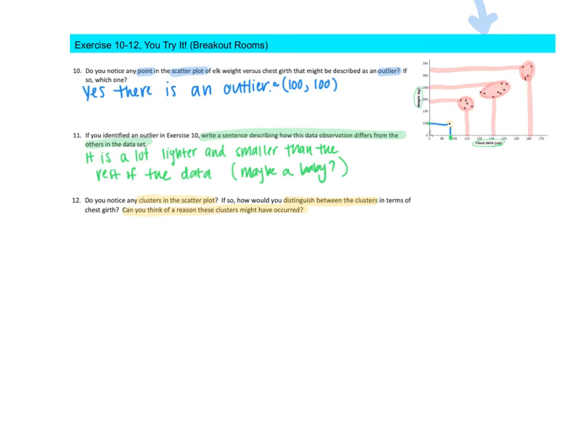Yes, there are clusters. I think that the reason these clusters have occurred is that maybe the elk are different ages or genders.